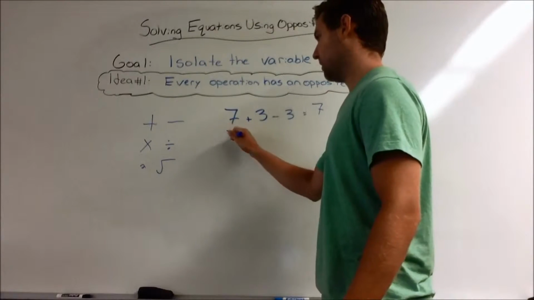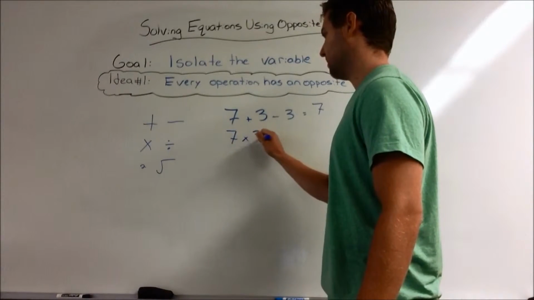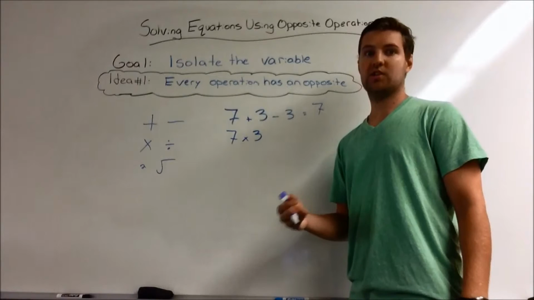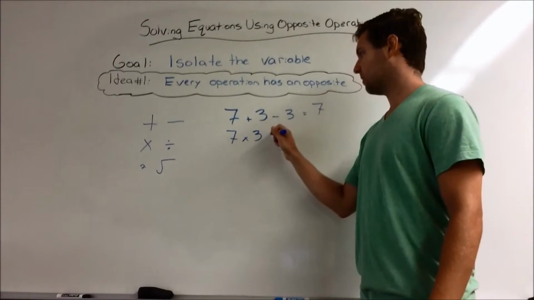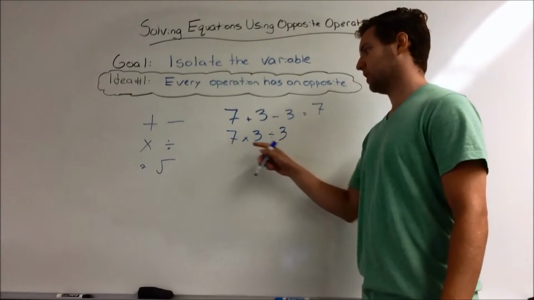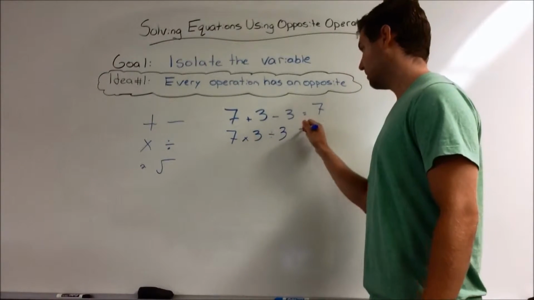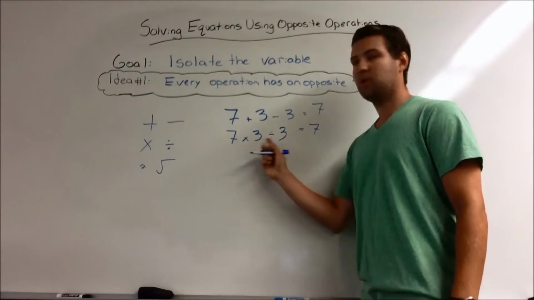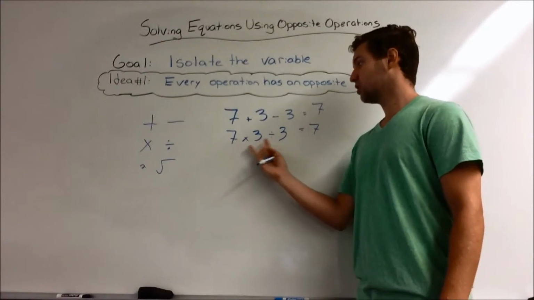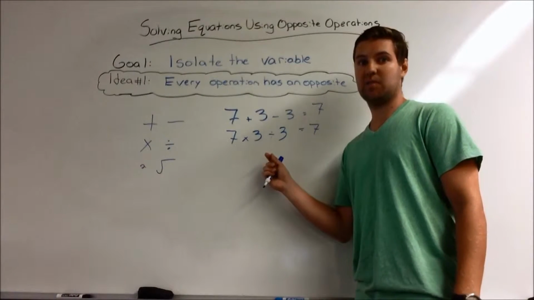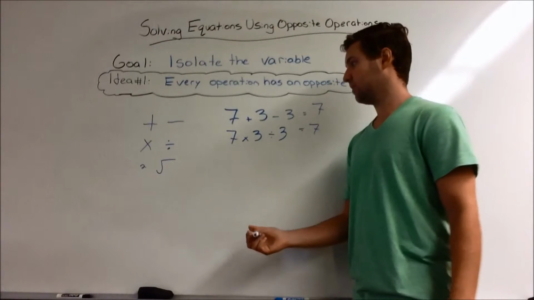Same thing if I multiplied. So let's start with 7 and multiply it by 3. That would change our value to 21. But if I then divided by 3, 21 divided by 3 is right back to 7 where we started. Because multiplying and dividing are opposites, so if I multiply and divide by the exact same number, it's like I did nothing at all.